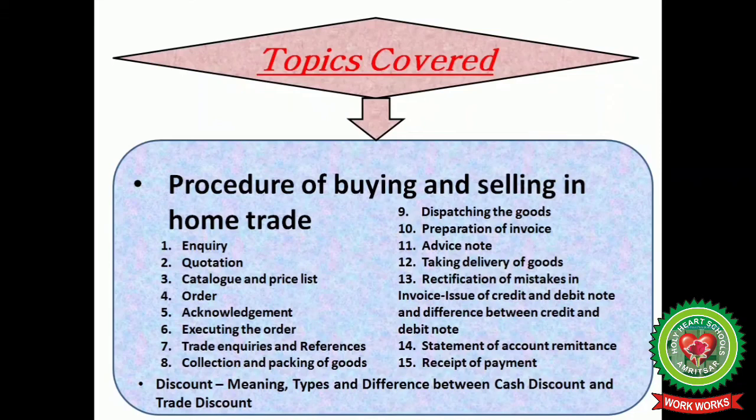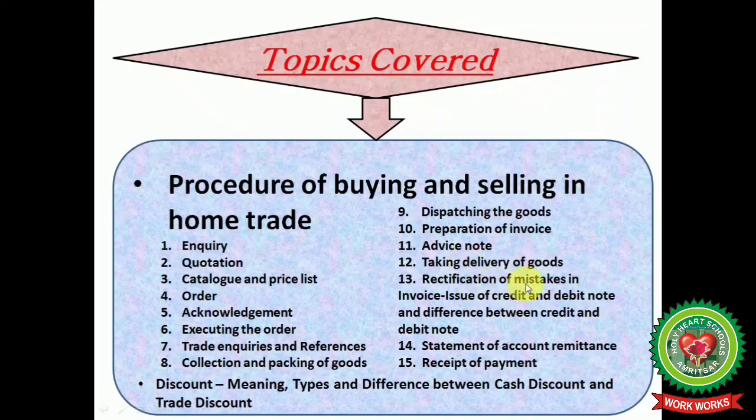So today we have covered the procedure of buying and selling goods in home trade, and in this we included the various documents like inquiry, quotation, catalog, order, acknowledgement, executing the order, trade inquiries, collection and packing of the goods, dispatching the goods, then invoice, advice note, taking delivery of goods, rectification of mistakes.